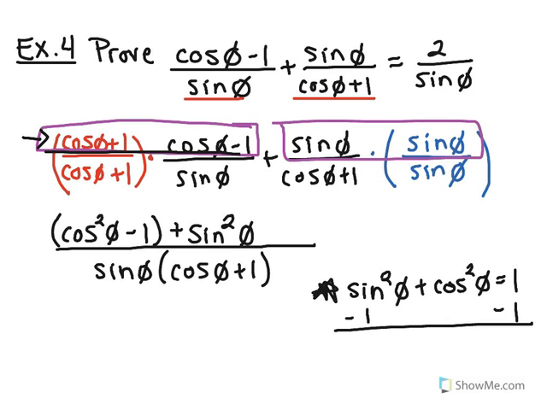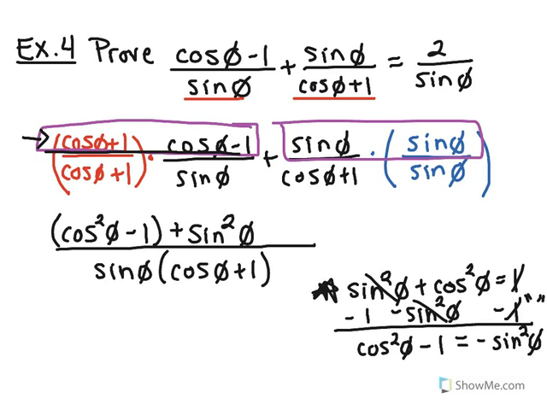So I'm also, at the same time, going to subtract sine squared phi from both sides as well. So on the right-hand side, the 1s would cancel, and all I would be left with is negative sine squared phi, okay, because now these cancel. And on the left-hand side, I have cosine squared phi and then minus 1.